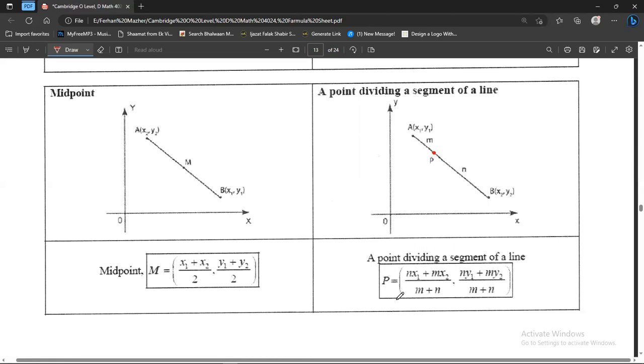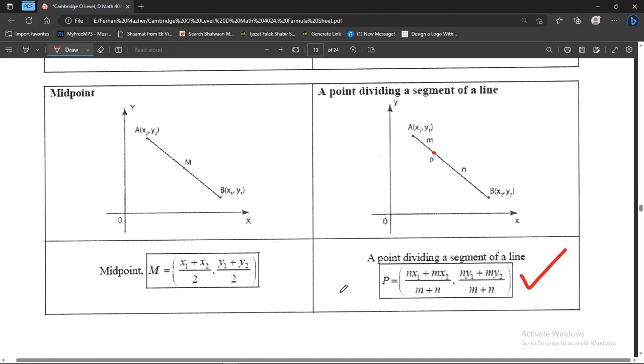You can find the coordinates of P, which will be (nx1 plus mx2) divided by (m plus n), comma, (ny1 plus my2) divided by (m plus n).